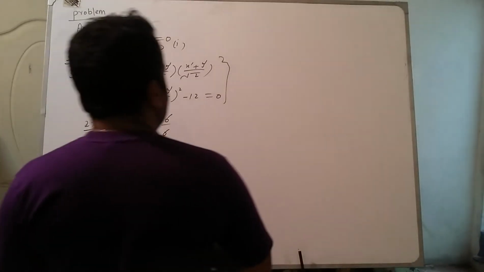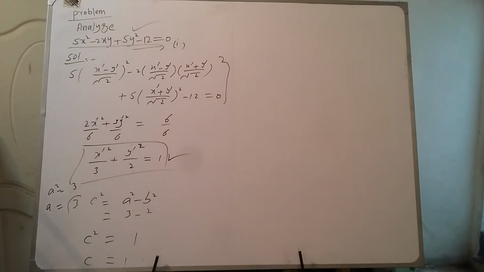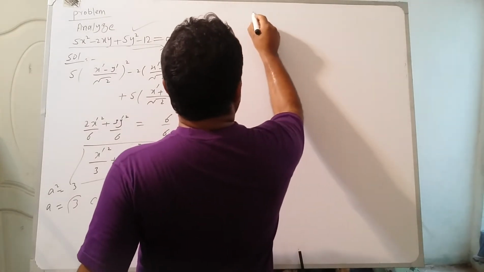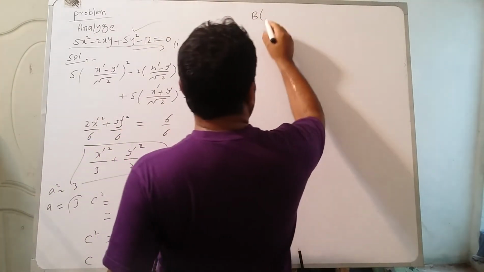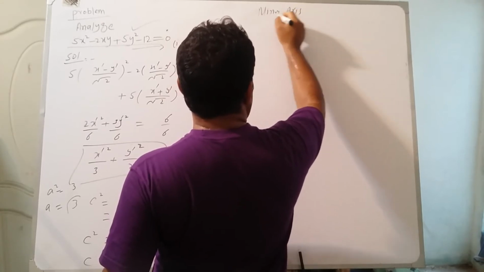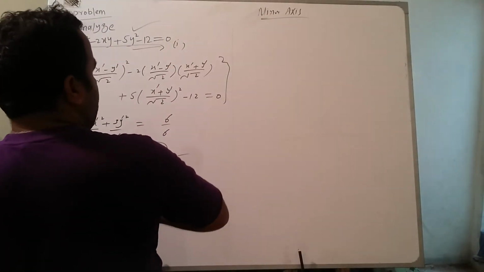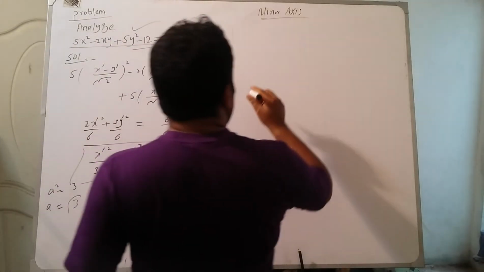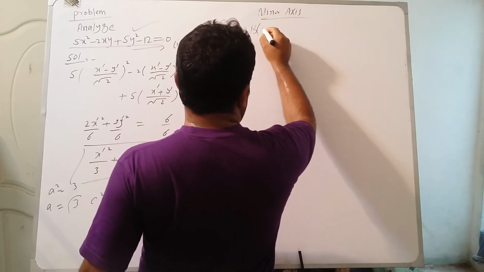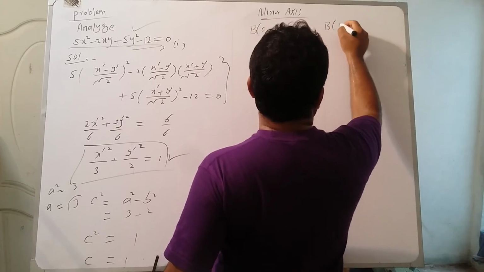We know on the minor axis, B is (0, b) and B dash is (0, minus b).